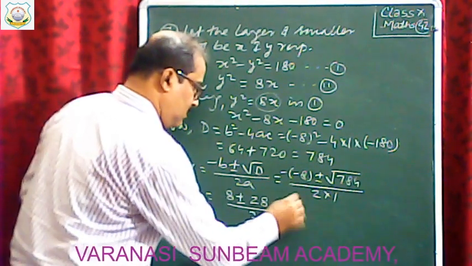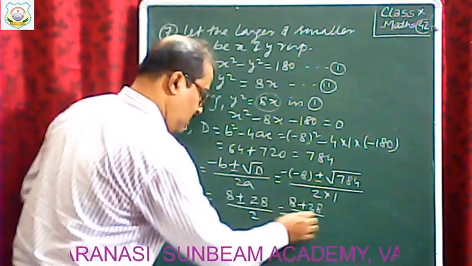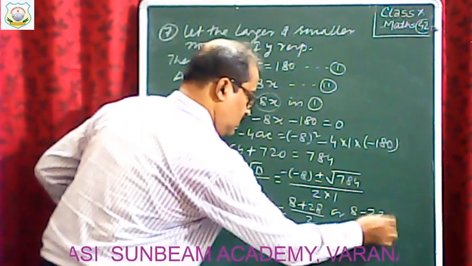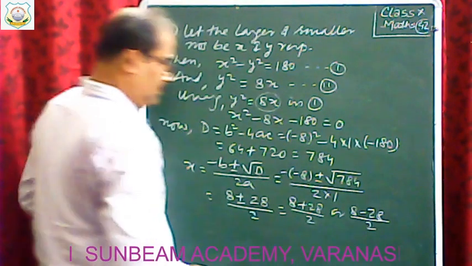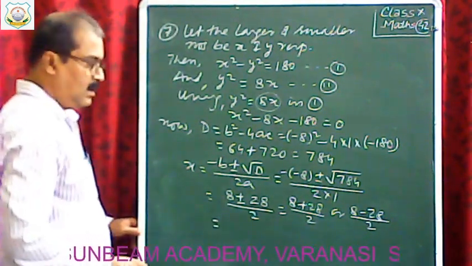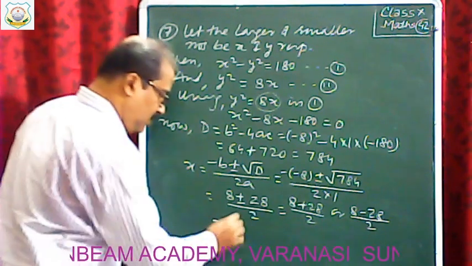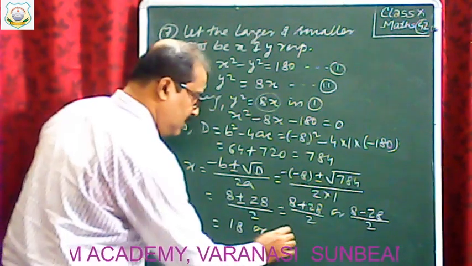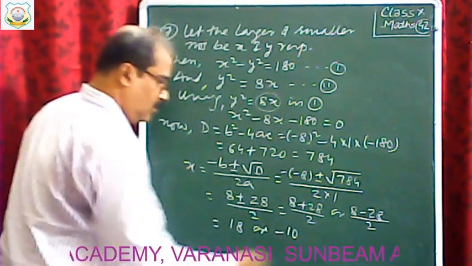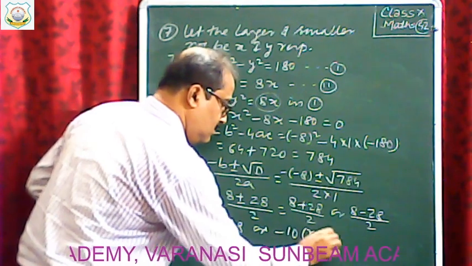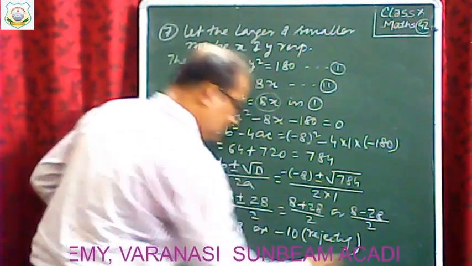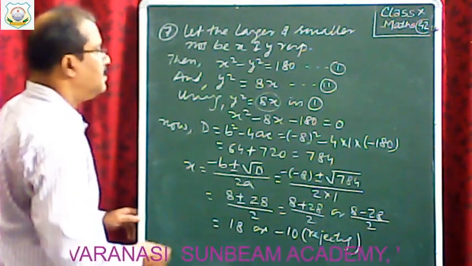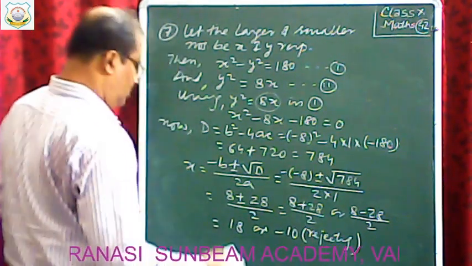Now separating, 8 plus 28 by 2 or 8 minus 28 by 2. 8 plus 28 is 36 by 2 means 18, or minus 20 by 2 is minus 10. So minus 10 we have to reject.